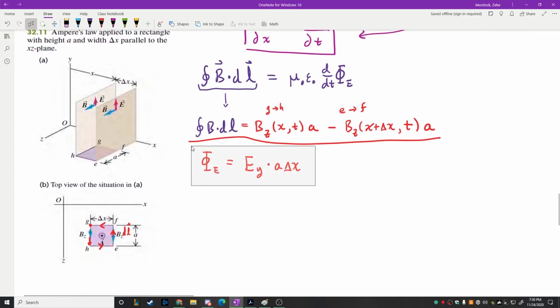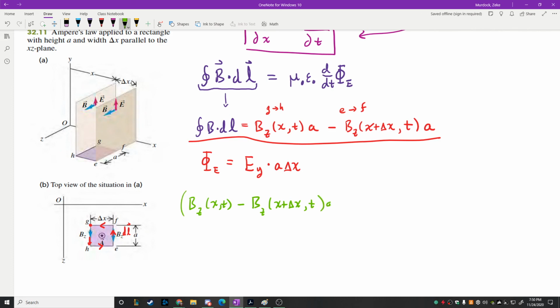All right, so that's the flux, but we need to combine them together with that equation. So let's do that. Our equation says the integral of B dot dl, that's the left-hand side here, so we write BZ of x and t minus BZ of x plus delta x.